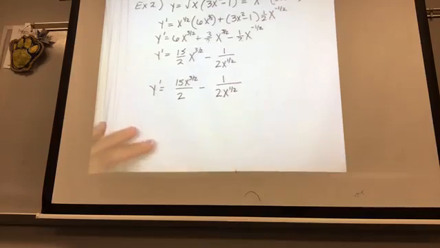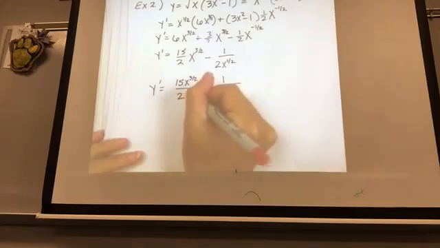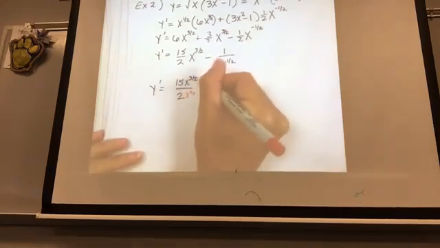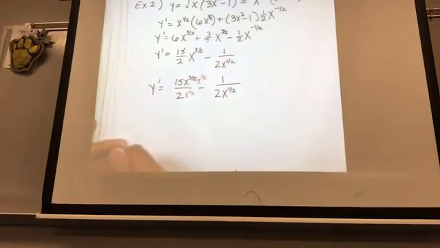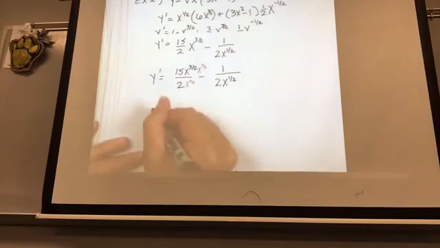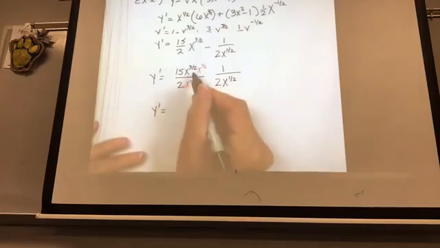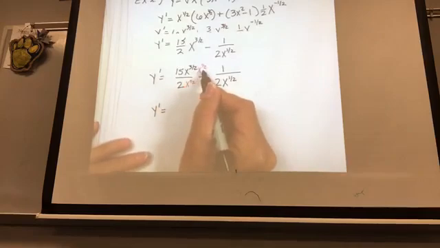So I could multiply x to the 1 half to top and bottom. Which would give me 3 halves plus 1 halves is just 2. 1.5 plus 0.5 is 2.